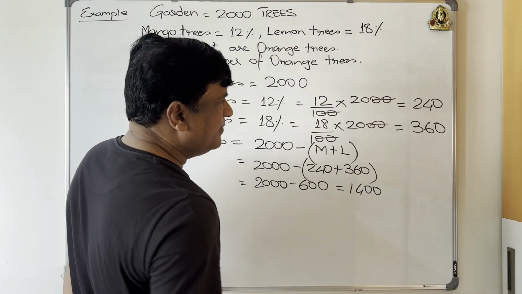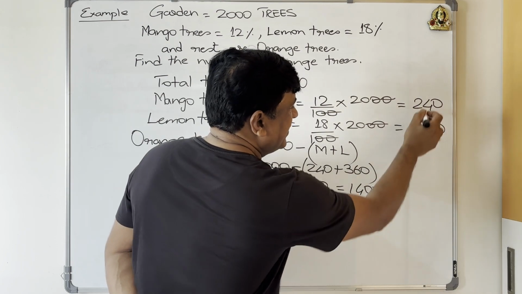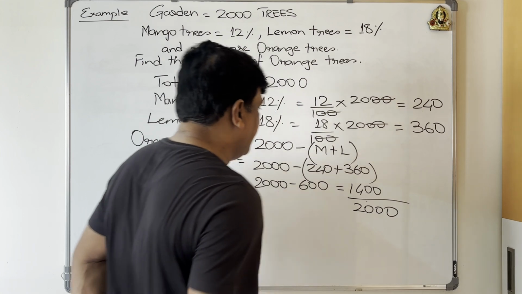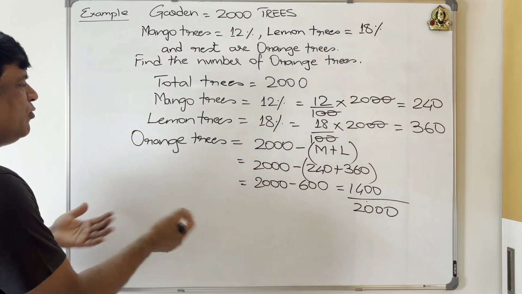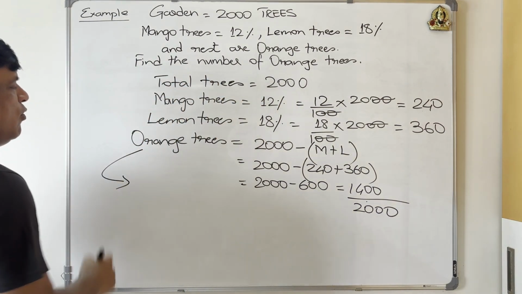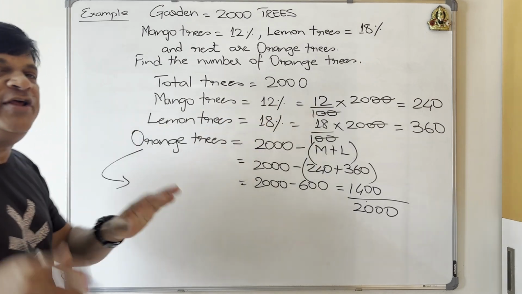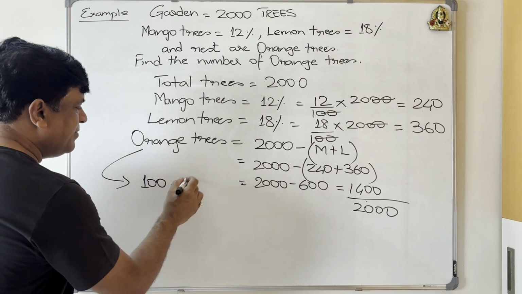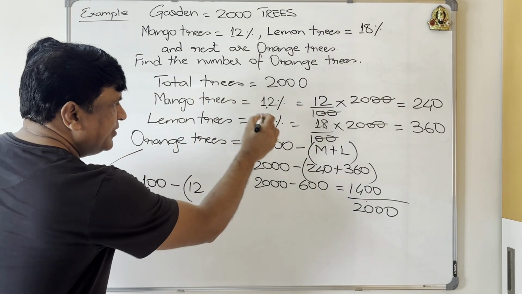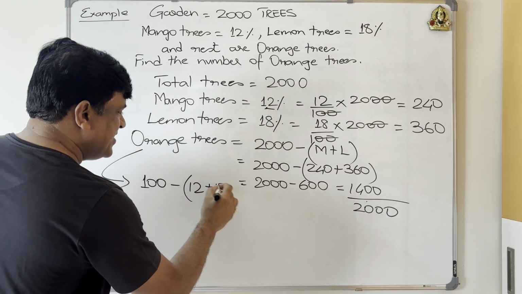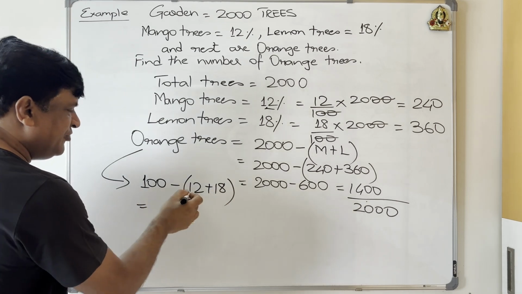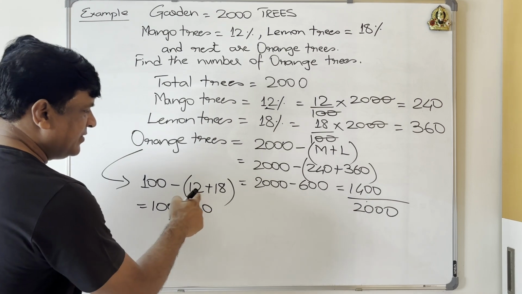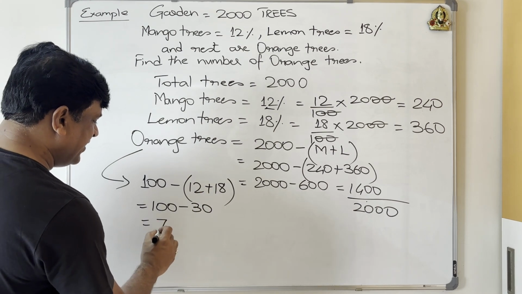You got the answer? So if you look at it, these three should add up to 2000, as I told you, after you calculate everything. And similarly, I could have done it in one more way. The percentage of orange trees will be how much? It should always be 100 minus 12% plus 18%. So this should give 100 minus 30, which is 70%.